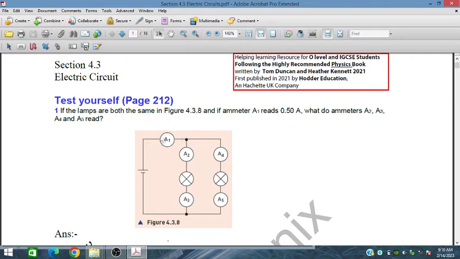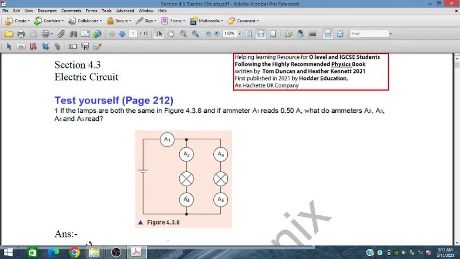Whatever current flows through A1 will divide into A2 and A4, and the same current will flow through A5. So whatever is flowing through A4 will flow through A5 as well, and this is a load, this is a lamp.